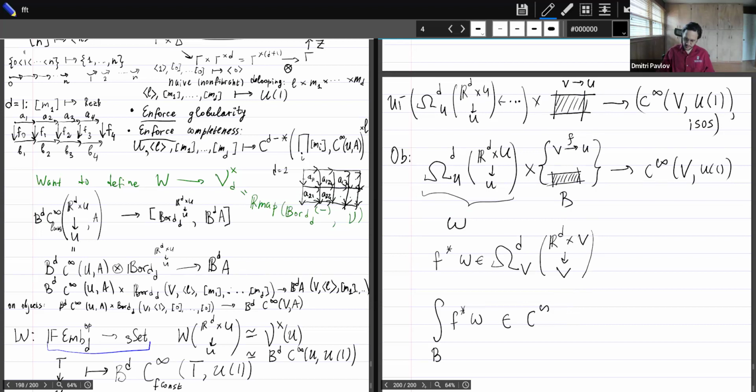So let me say this is a smooth function from V to what exactly? Well, let's not forget this was formally speaking a form valued in the Lie algebra, and the Lie algebra of U1 is imaginary numbers. So let me retain this detail here. Strictly speaking, the Lie algebra of U1.